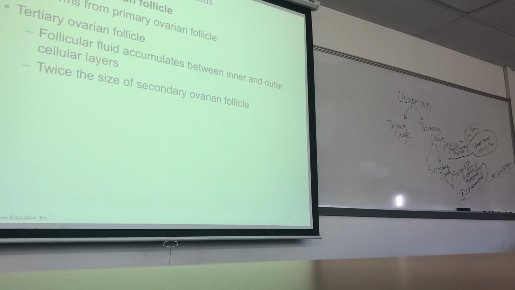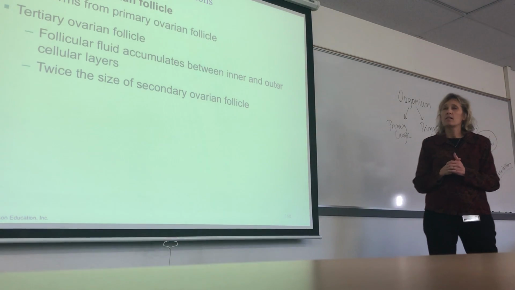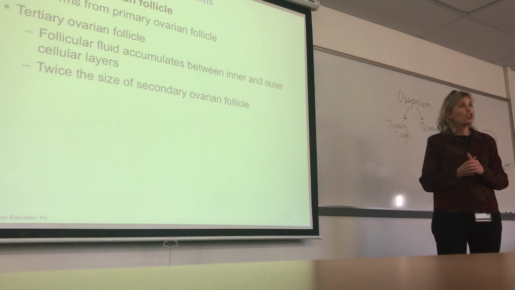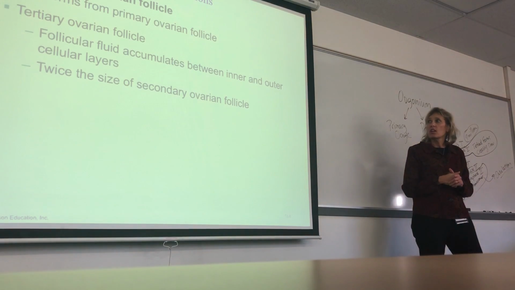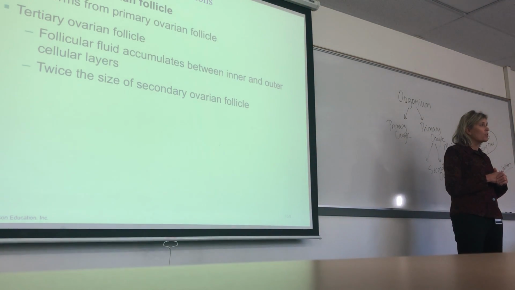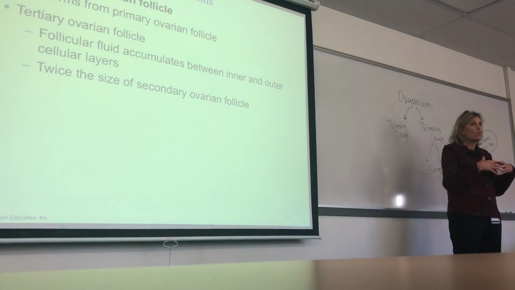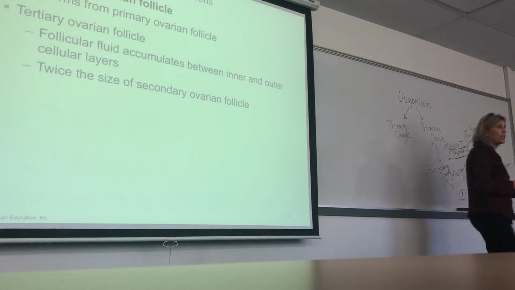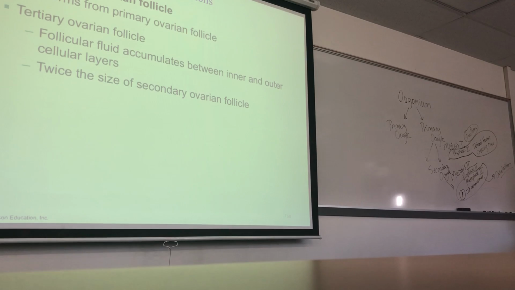From there, the primary follicle will develop into a secondary ovarian follicle. And then from there, it will develop into a tertiary ovarian follicle. The tertiary ovarian follicle is otherwise known as the Graafian follicle, and that's the one that's going to bulge out and burst through the walls of the ovary.